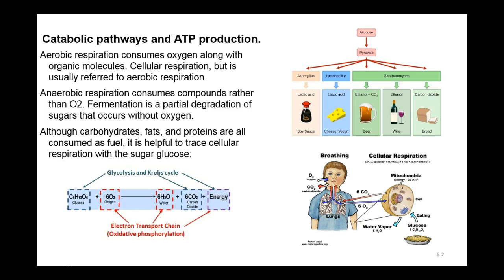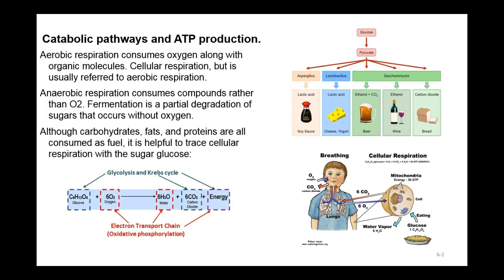What we have over here on the side is where you start out with glucose, again our poster child for these pathways, breaking down into pyruvate and then forming the lactic acid that creates soy sauce. This is a process of anaerobic fermentation, used for cheeses and yogurts, beer, wines, and bread, when you think of yeasts with regard to bread.